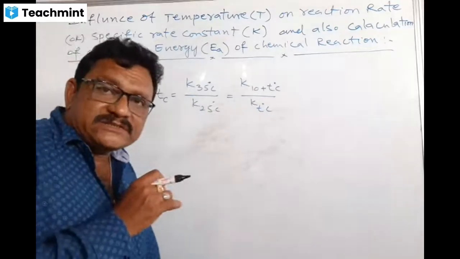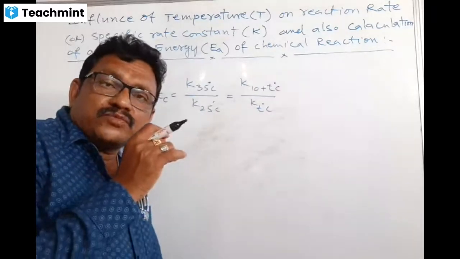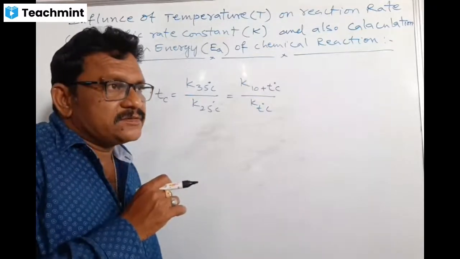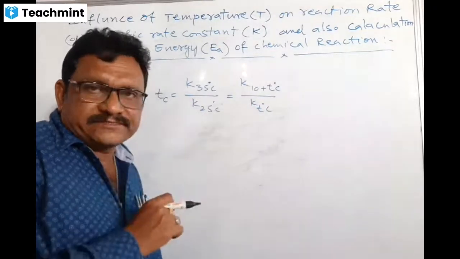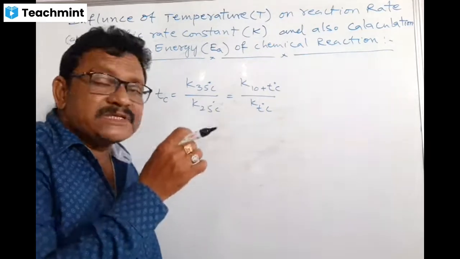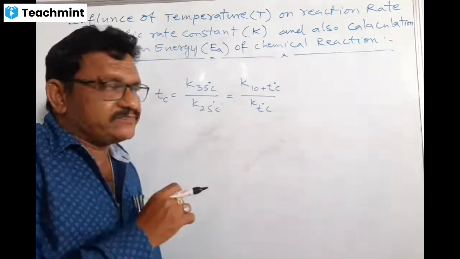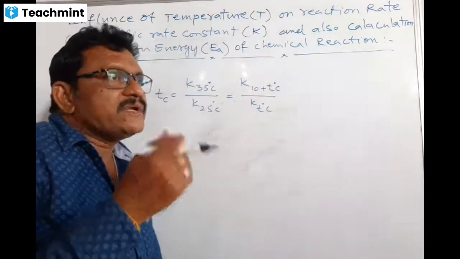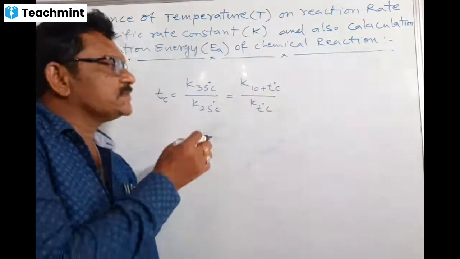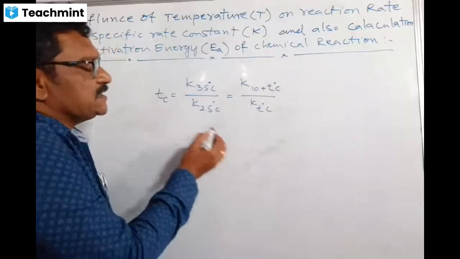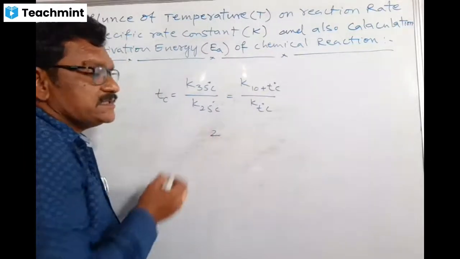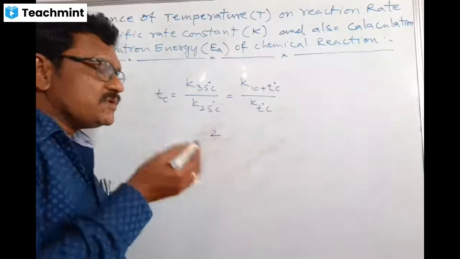Most of the reactions have a temperature coefficient of 2 to 3. That means the value of temperature coefficient lies between 2 and 3. For example, as I said, for every 10-degree rise of temperature, the reaction rate increases double fold or triple fold.